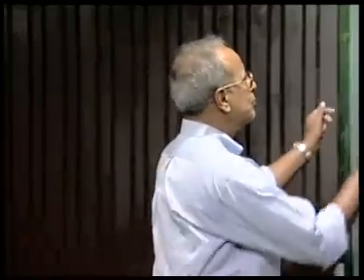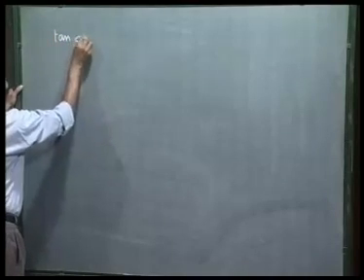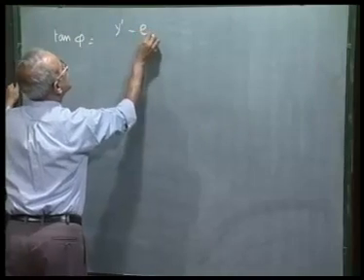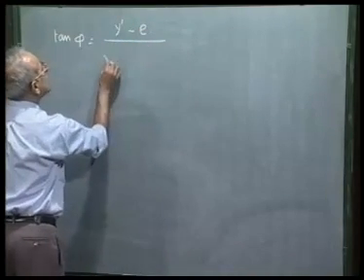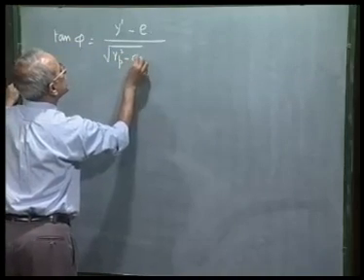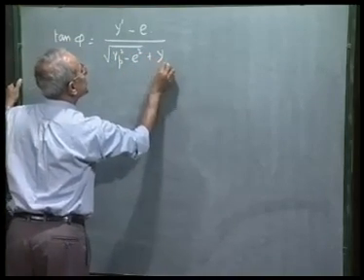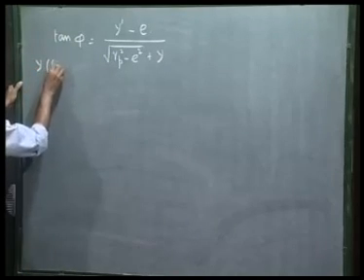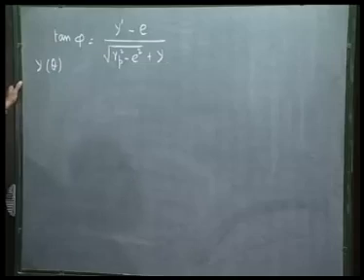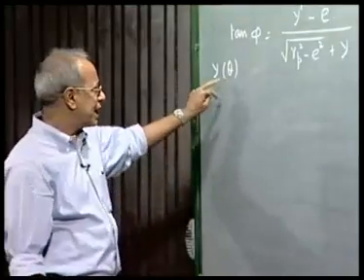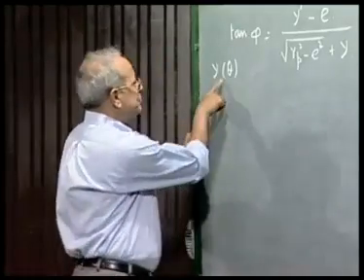We have just now obtained this expression for the pressure angle phi as tan phi is y prime minus E divided by square root of rp squared minus E squared plus y. As I know, we have been given the desired displacement function y theta, which is a periodic function because it repeats after every 2 pi rotation of the cam. So, this is a periodic function.